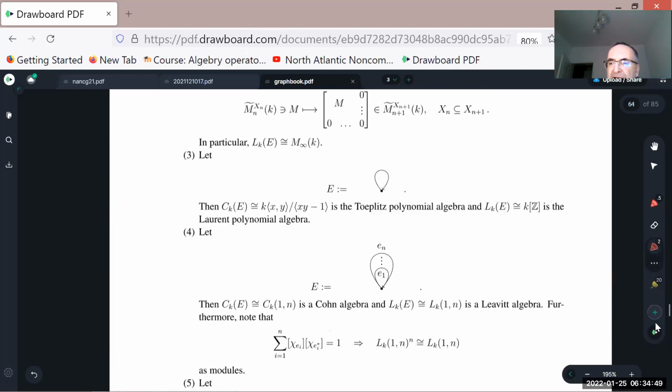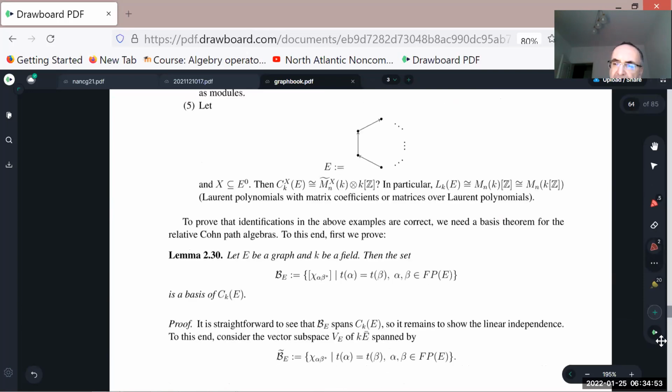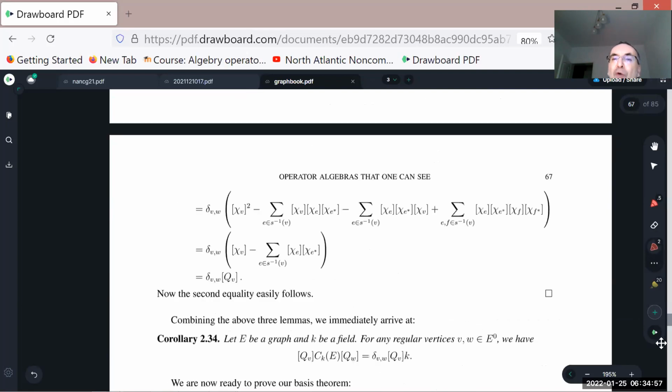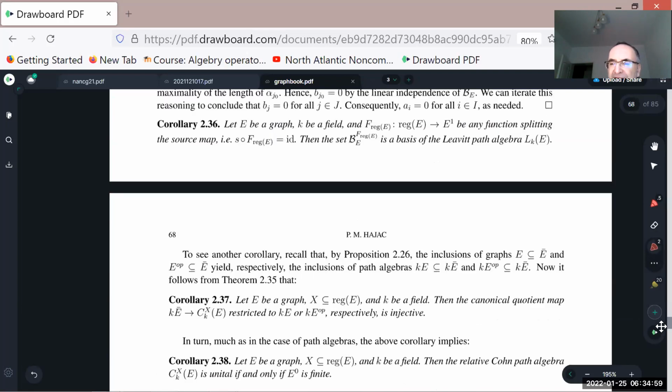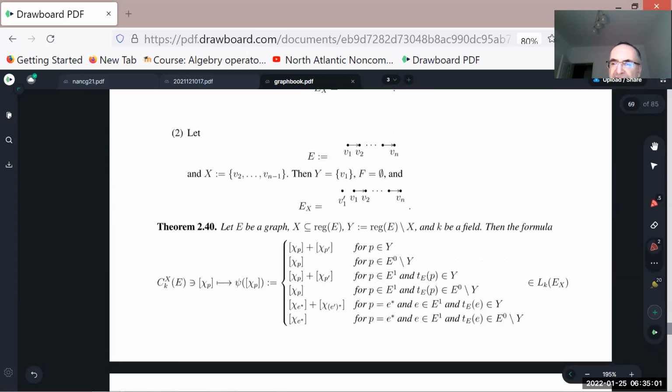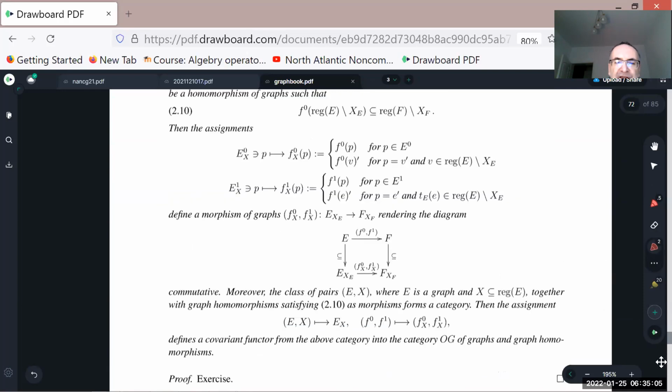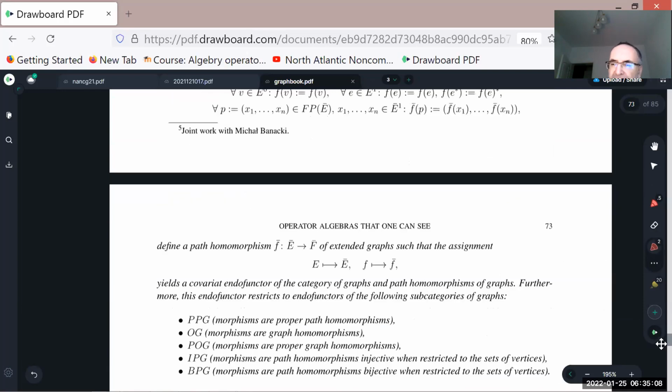Now scrolling back again is a bit of a hassle. And that's the drawback of using Drawbird PDF. It's a little bit sluggish. But then it's so convenient to write on your slides.